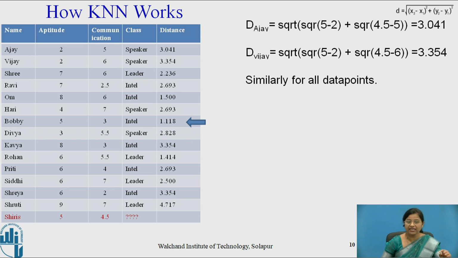If we have k equal to 1, we need to consider only the one data point which is closest to Shirish, for whom we wish to find the class. In that case, if k equal to 1, then the class allocated to Shirish will be Intel.